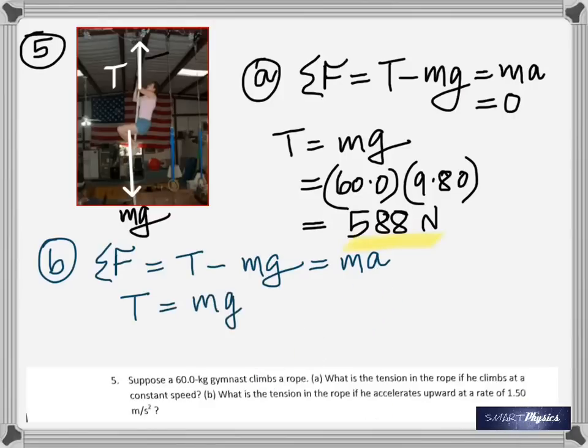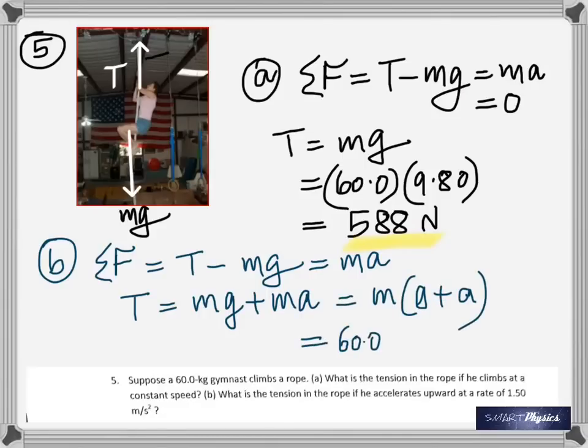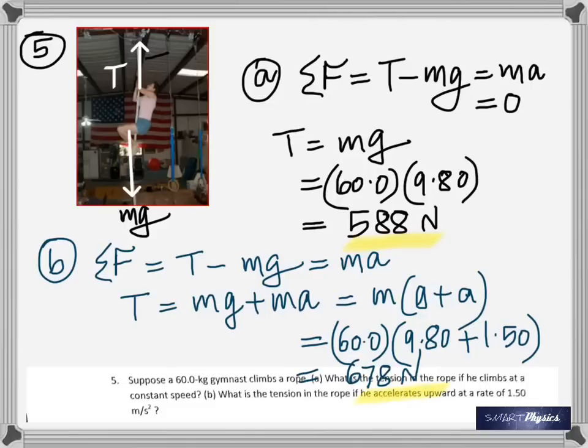That's all. Such an easy thing. So when you take it to the other side, negative mg is going to become plus mg, right? Yep. Okay. So you get 678 newtons.